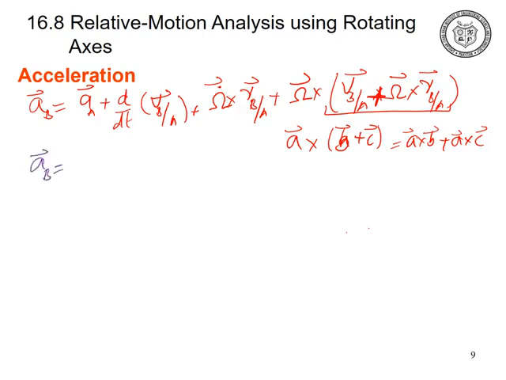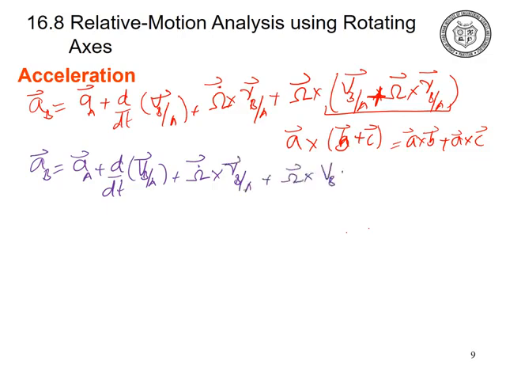a_B equals a_A plus d/dt of v_B with respect to A plus omega dot cross r_B/A plus omega cross v_B with respect to A plus omega cross (omega cross r_B/A). So by using the property, the equation becomes this.